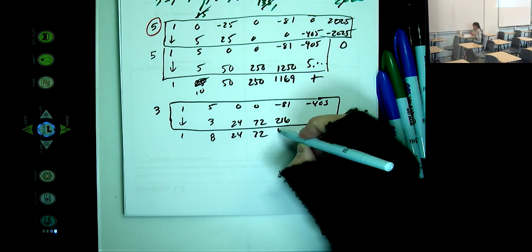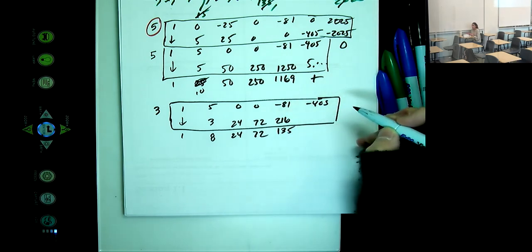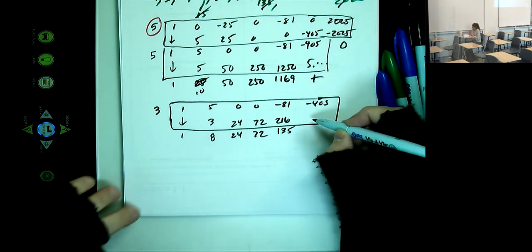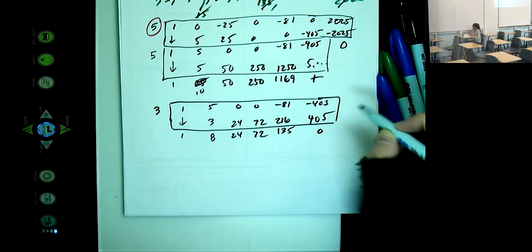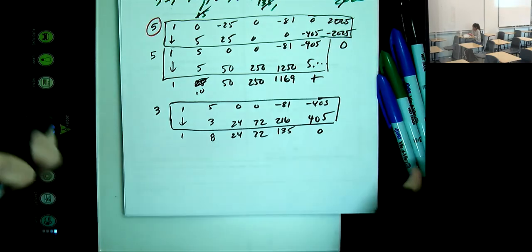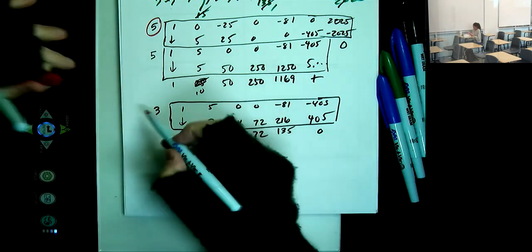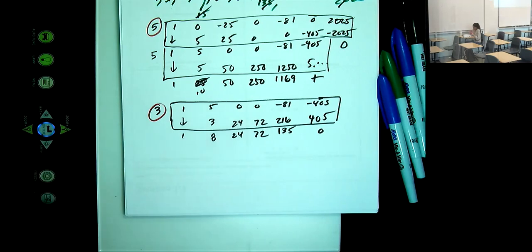Yeah, 135. That's 405. Bam, we got ourselves another winner. Let's try another 3.